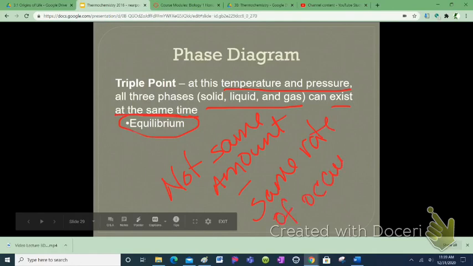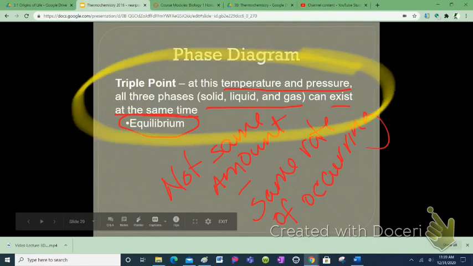So when you look at the solid, liquid, and gas at that particular temperature, they are changing to solid, liquid, and gas at the same rate, not necessarily the same amount. So make sure that you understand what a triple point is. Write it down. Make sure you know it.